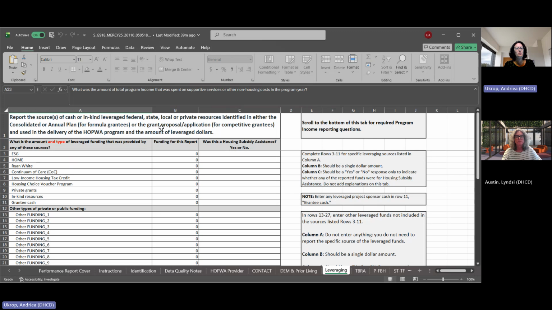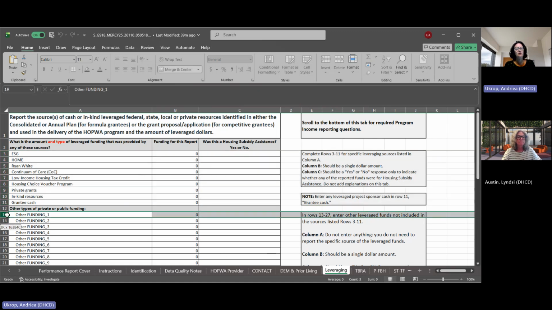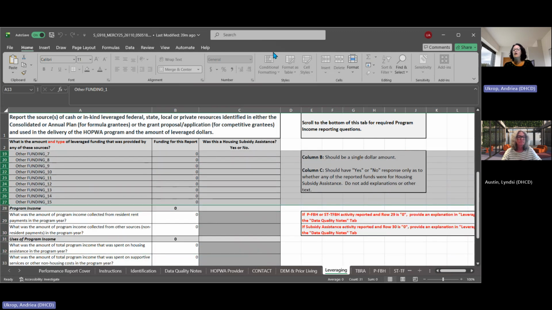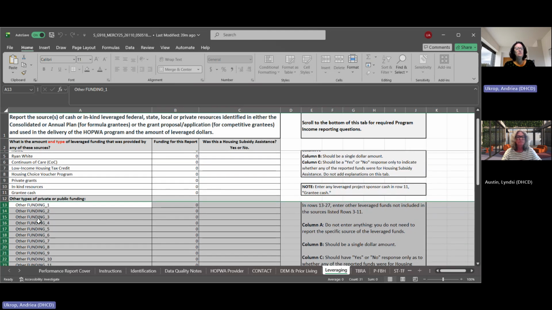You would want to make sure that is recorded here for these particular categories at the top, and then for any other funding sources down below at 13 all the way down to 27. As a note, Ryan White here, you can see, is a funding source that is most likely leverage.